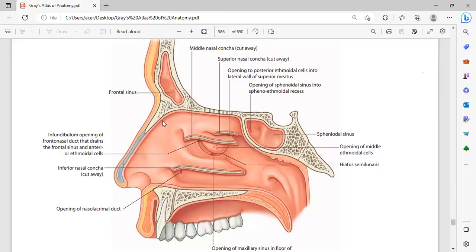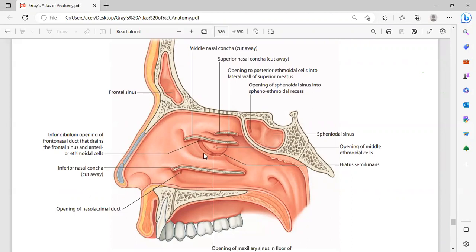olfactory epithelium. The olfactory epithelium, as we know, is neuroepithelium. So it contains neurons, and also it contains supporting cells. The rest of the nasal cavity is lined by the respiratory epithelium, which is pseudostratified ciliated columnar epithelium, right?